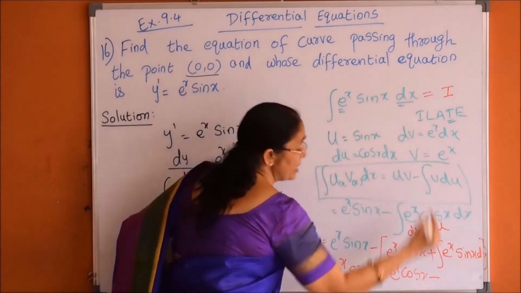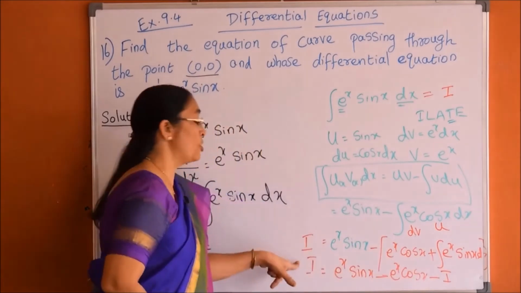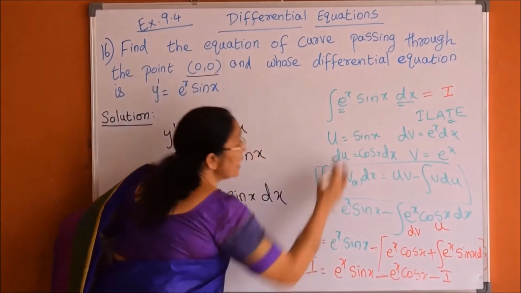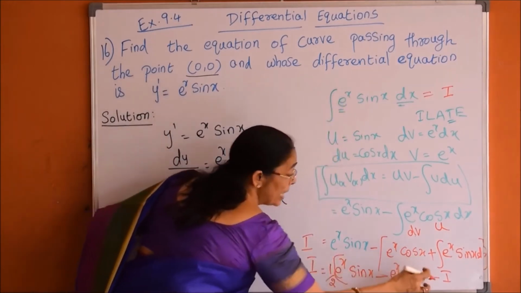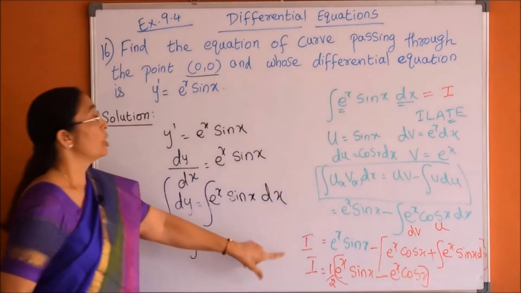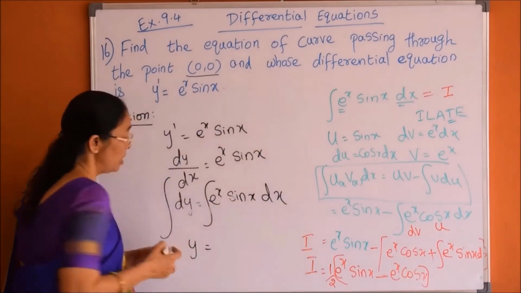I can replace it as I. So therefore 2I is equal to this whole thing. I need only I value, so I have taken it to the left hand side. So I got 2I, so the integration of e^x sin x dx is nothing but, here let me substitute.